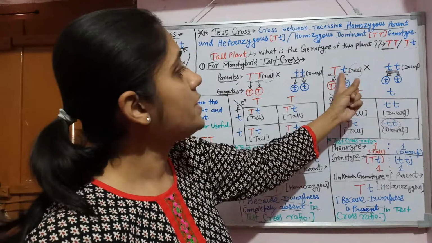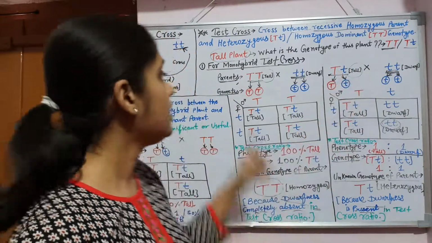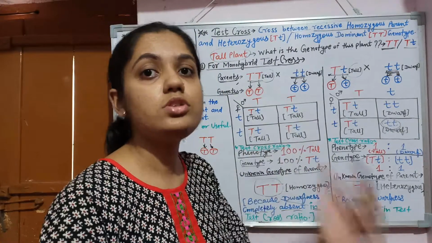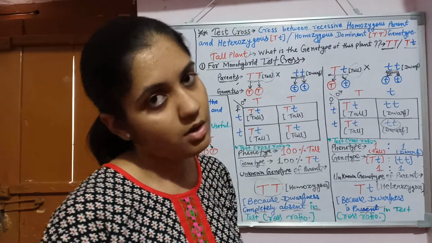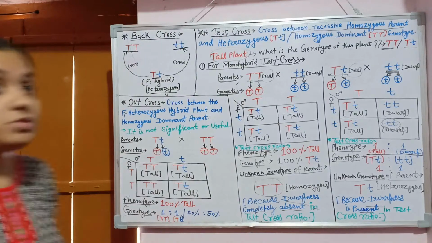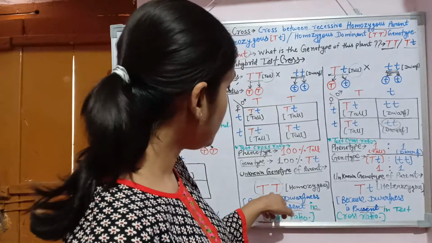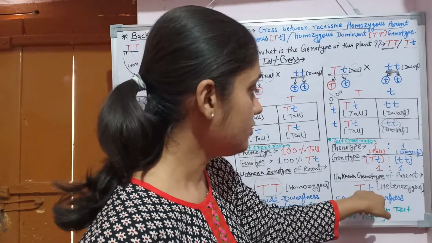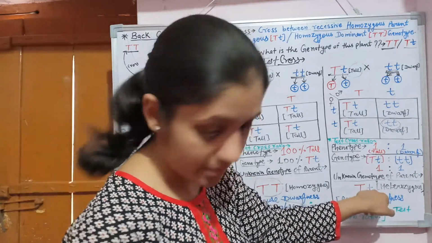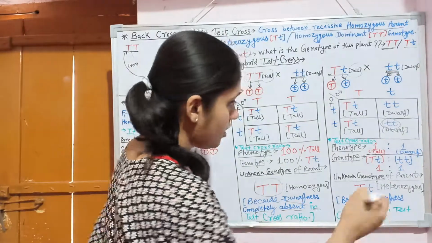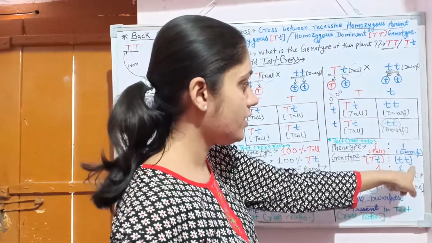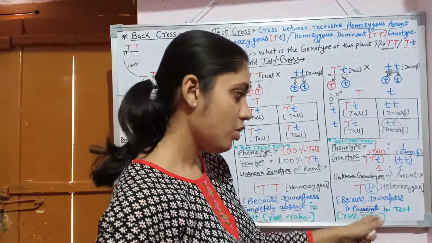So this gene must have the dwarfness allele, but here it does not. So that's why we can know the unknown genotype of the parent. Here the unknown genotype is not homozygous but heterozygous, meaning one allele is of dwarfness type, because we formed this dwarfness in the test cross ratio.